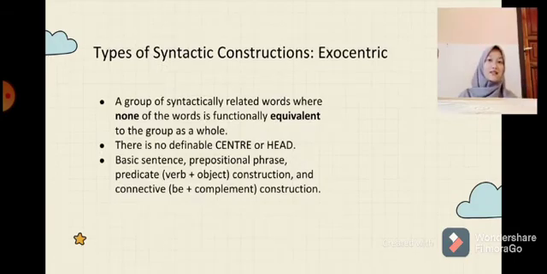Let's continue to the second type of syntactic construction. It is exocentric construction. Exocentric construction is a group of syntactically related words where none of the words is functionally equivalent to the group as a whole.